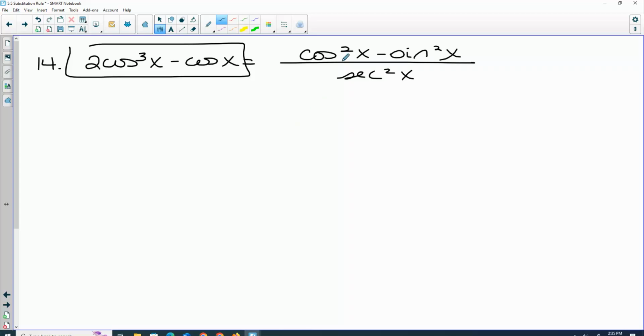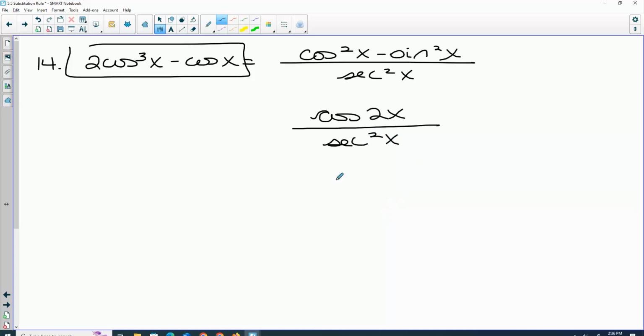Yeah, so I heard 3 different options and they all work. I heard separating, like if you put each one over secant, and we could start simplifying there, that would work. I heard change your sine squared into cosines, and we could do that using our Pythagorean method. I also heard double angle, which if you recognize that, we can do that. So any of those options work. Do you guys have a preference on how I do it? Double angle? Okay, so cosine squared minus sine squared is cosine 2x.